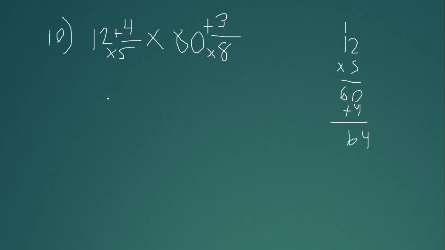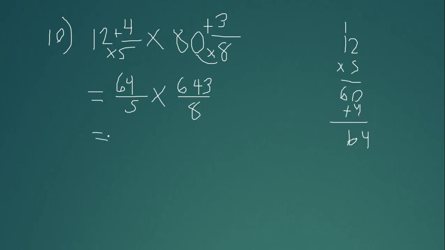So 64 over 5 times 8 times 8, 60. No, 8 times 8 is 64. So magiging 64 plus 0, 640 plus 3, 643. That's 8.